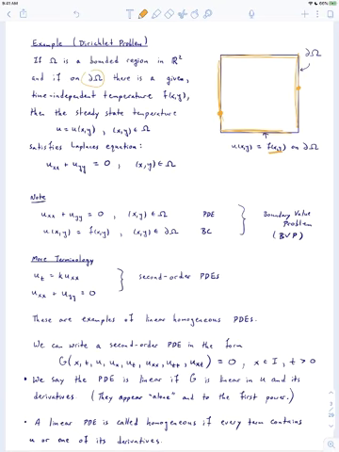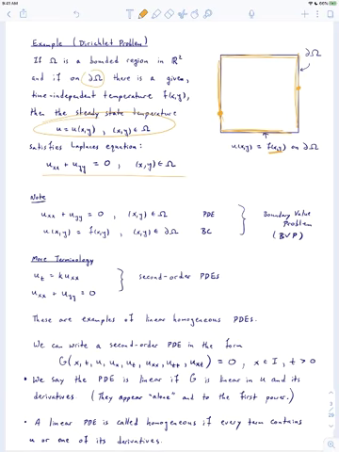So if we assume that this is the case, then the steady state temperature U for any x, y in the interior satisfies Laplace's equation. The second partial derivative of u with respect to x plus the second partial derivative of u with respect to y is equal to 0 for all x, y in the region.